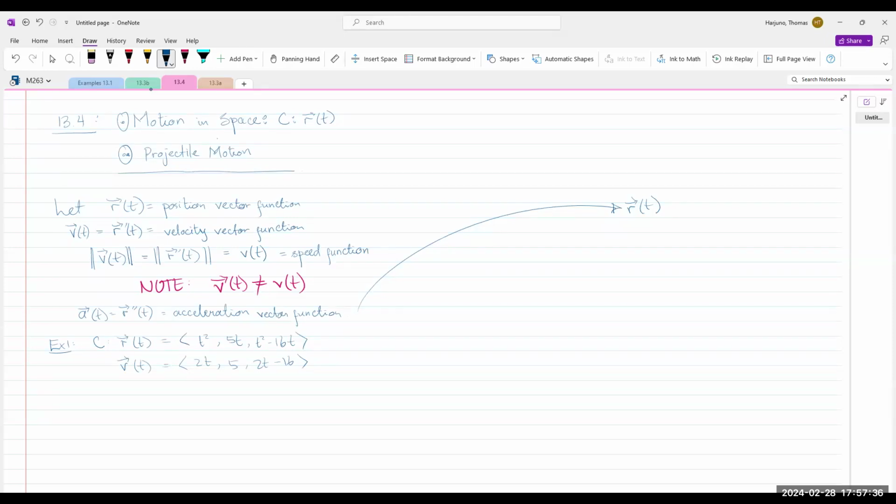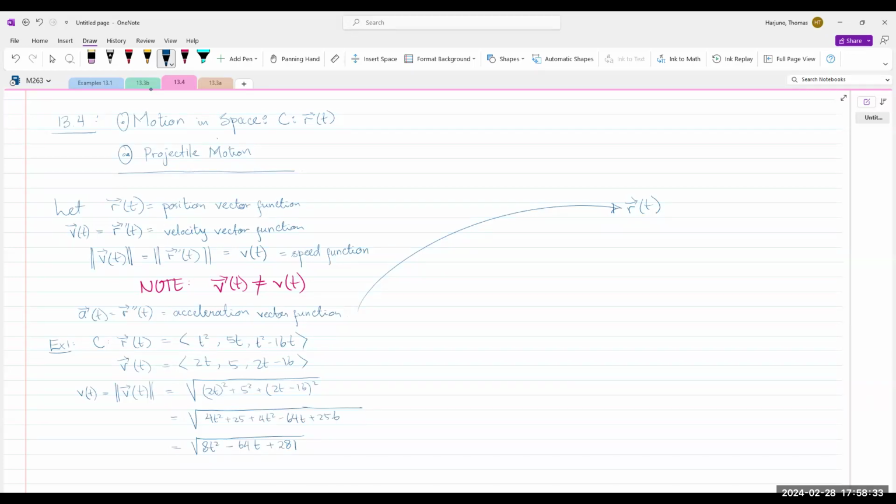Then the speed function v(t), no vector, is the magnitude of that, which gives us the square root of 4t squared plus 25 plus 4t squared minus 64t plus 256, which is the square root of 8t squared minus 64t plus 281. That's the speed function.